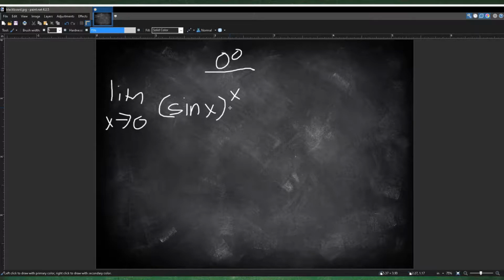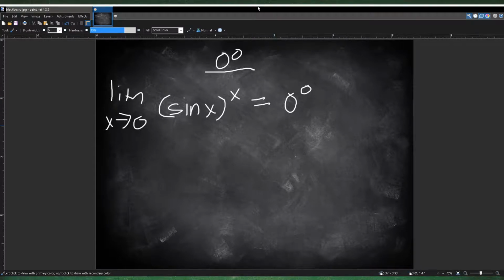Well, we need to check if it's indeterminate. That's our first step always. Sine of 0 is 0, and x is equal to 0. So this is a 0 to the power of 0 indeterminate case.